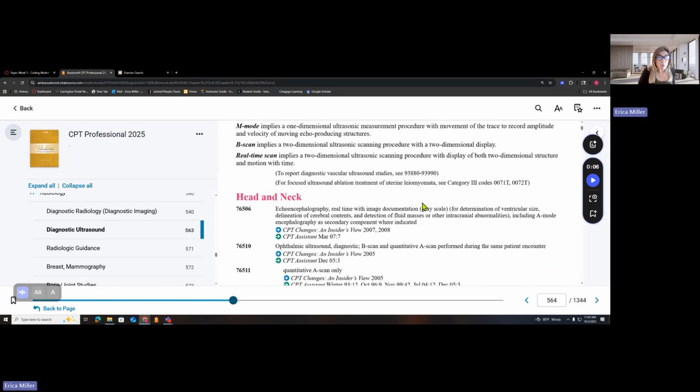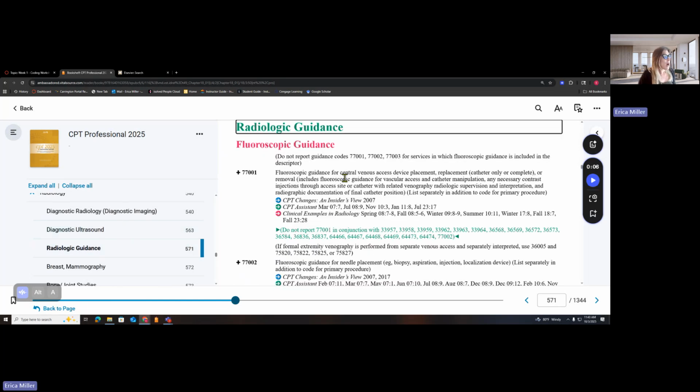Okay, well, what's the difference? Well, you have to be pregnant to have an obstetric ultrasound. So make sure you're always taking that time to triple check the definition of the service that you're going to represent or provide. Everything in green is just different subsections of your general category radiology.